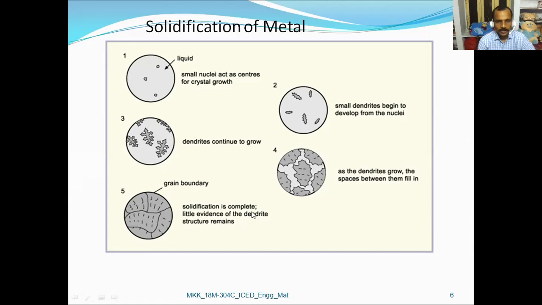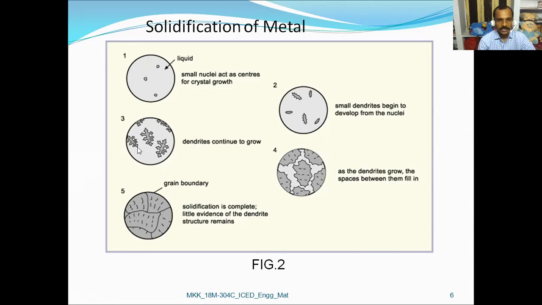The solidification is complete, and little evidence of the dendrite structure remains. This is the total grain boundary, having different dendrites combined. This is the solidification of metal. Initially we started with the liquid form, then small dendrites started.